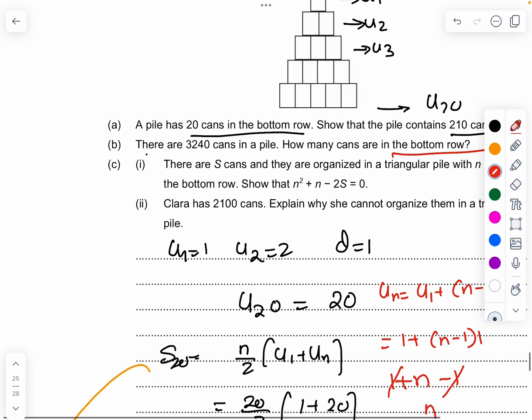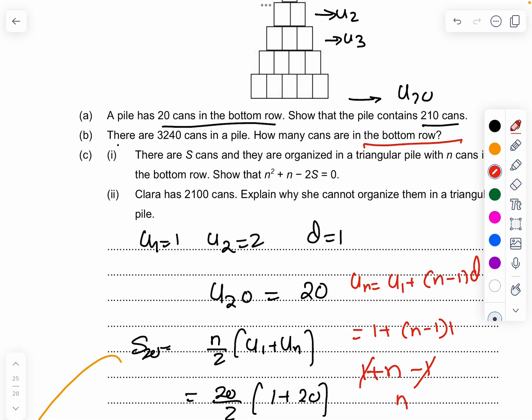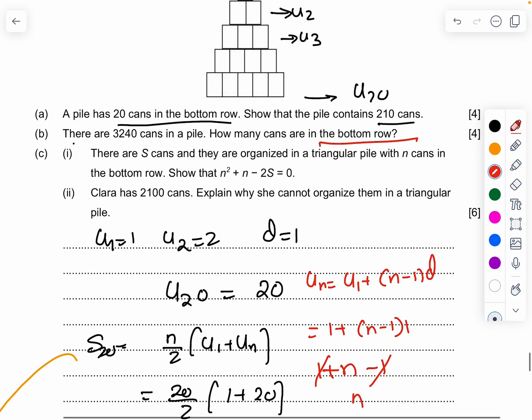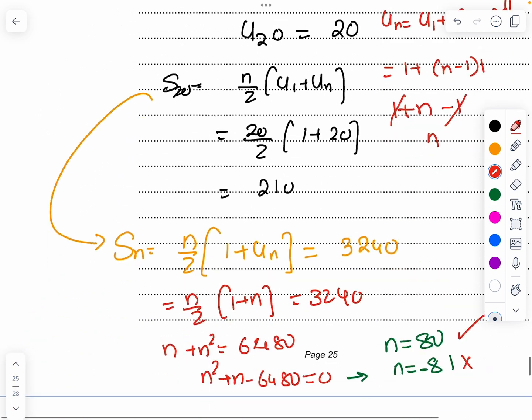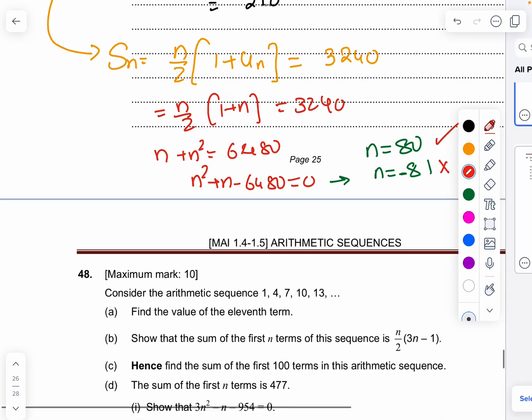Now part C. There are S cans that can be organized in a triangular pile and n cans in the bottom row. Show that n square plus n minus 2s equals 0. So let's add a page.